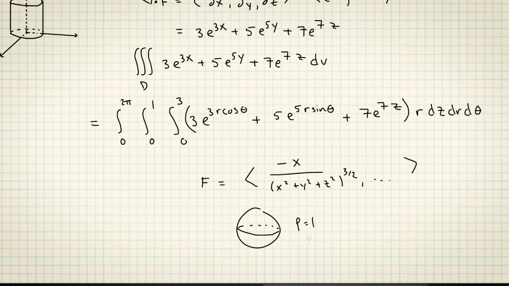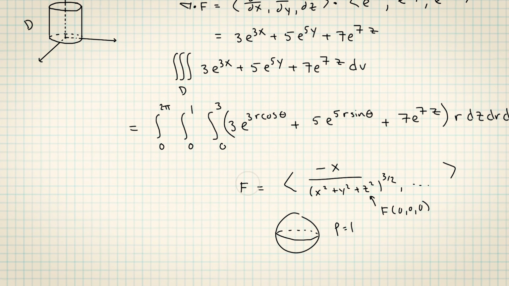Remember that the assumption is that these partial derivatives are continuous and exist, and F is undefined at the origin, right? I mean, if I put 0 squared plus 0 squared plus 0 squared, I would get 0 in the denominator. So you've got to be careful with the divergence theorem. These assumptions really do matter, and you really will get nonsense answers if you try to use it in situations where it doesn't apply.